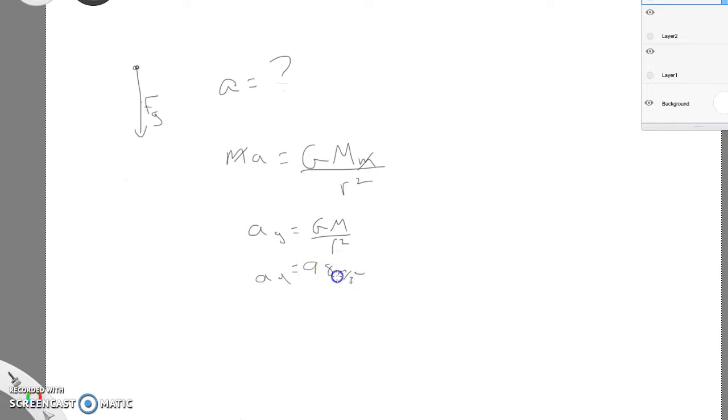Now this number is not exactly 9.8, and it varies quite a bit. So we use g, and we say it's 9.8. Okay, let me clarify. The acceleration that you should experience from gravity is based on these things. What you actually experience is slightly different based on where you are on Earth and how far you are away from Earth's surface.